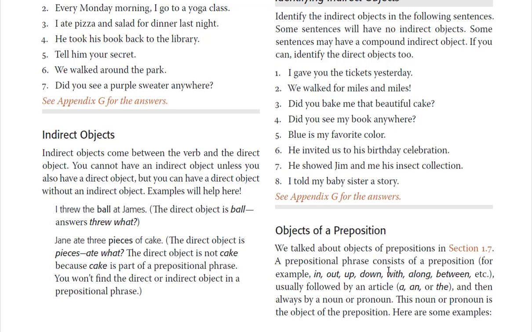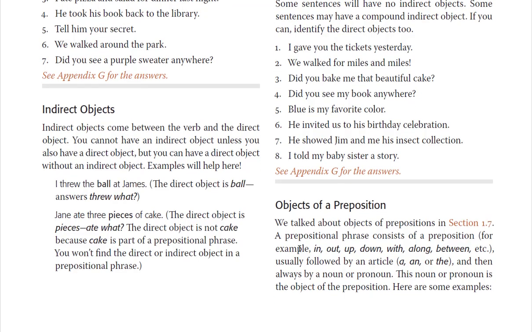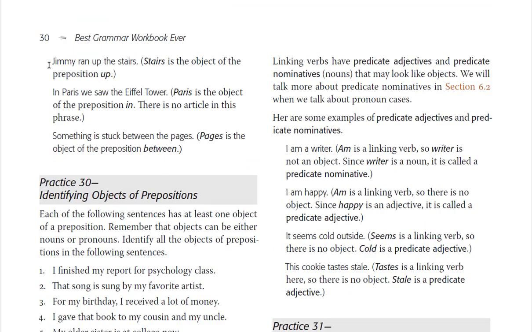So a prepositional phrase consists of a preposition, for example in, out, up, down, anything that shows time and place, followed by an article, a, an, the, like he walked up the hill, and then always followed by a noun or pronoun, like hill. So this noun or pronoun is the object of the preposition. And so here, Jimmy ran up the stairs.